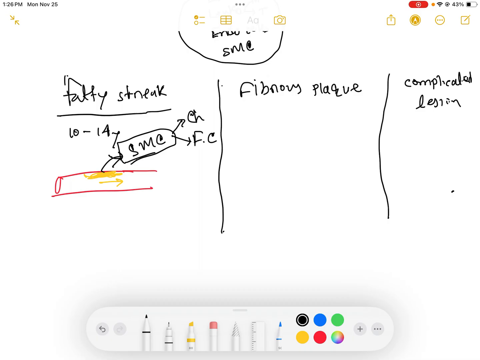A fibrous plaque consists of a large number of smooth muscle cells, foam cells, and leukocytes. As the fibrous plaque grows, it projects into the vessel, leading to lumen narrowing. In turn, it can lead to ischemia or infarction.